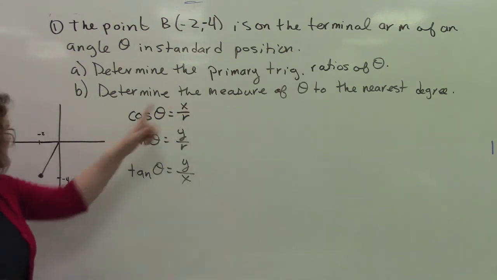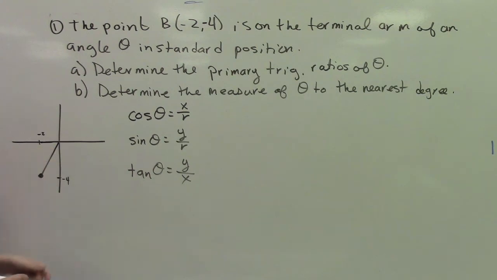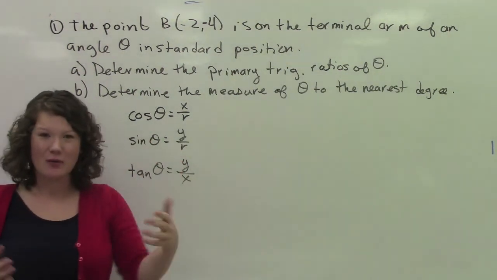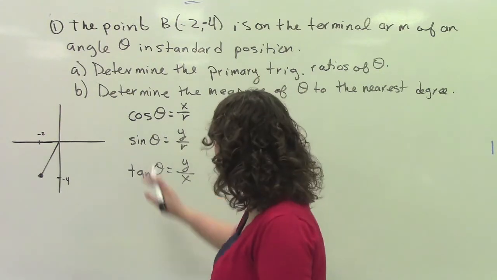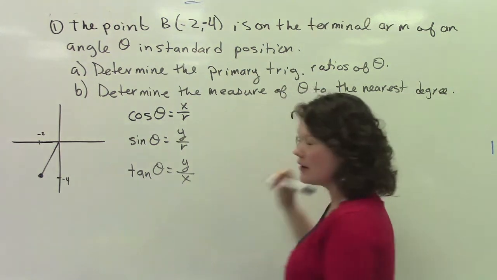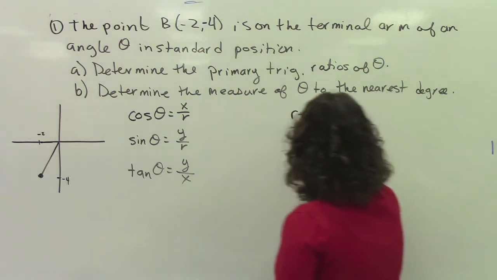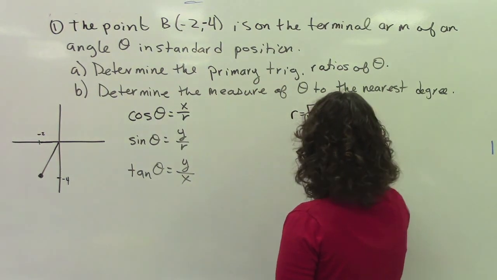So we know what x is, right? -2. Awesome. We know what y is, -4. What do we need to figure out? That's right, we have to figure out what that r is. Using our formula from before, r equals the square root of x squared plus y squared.